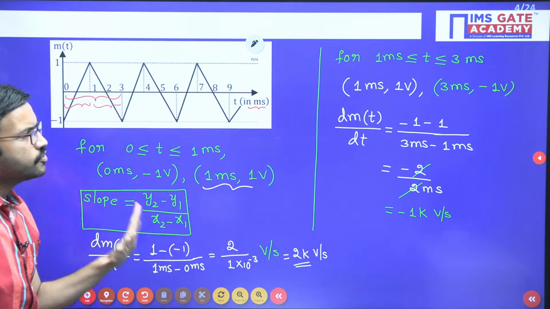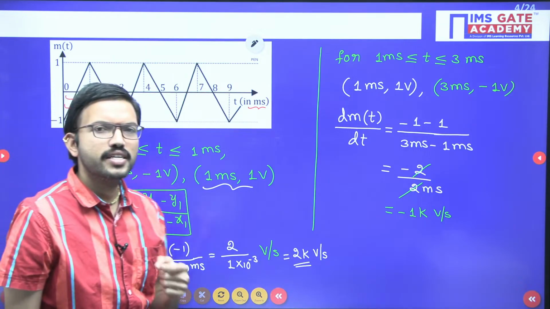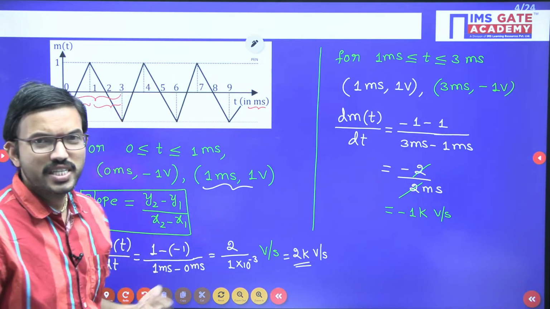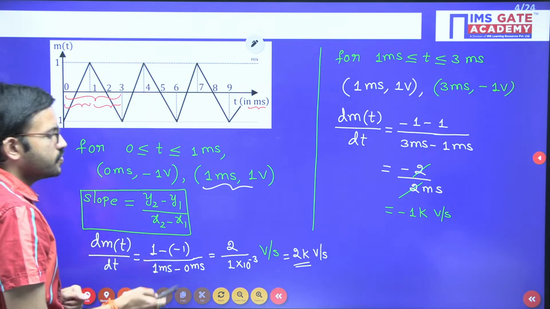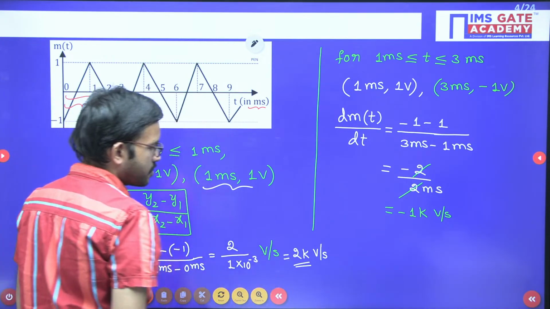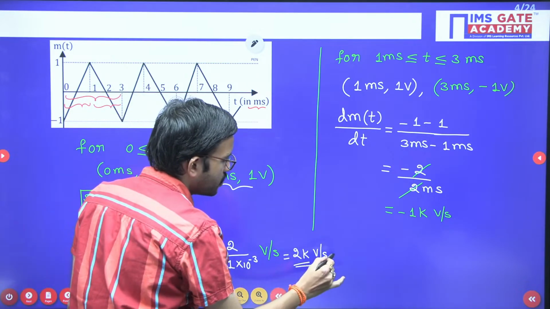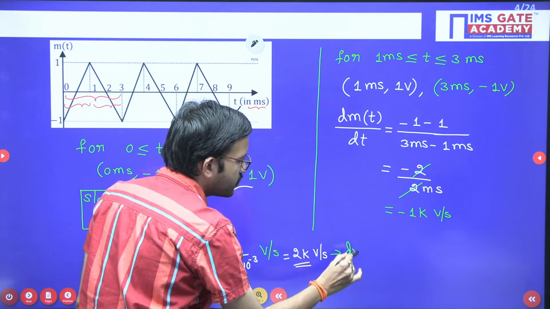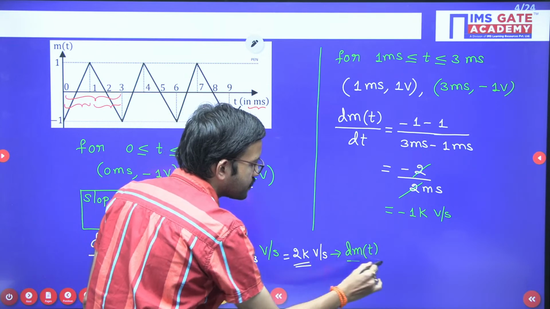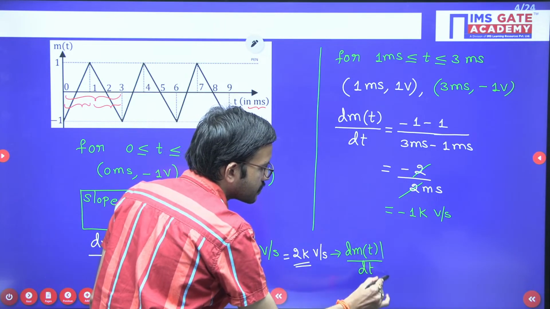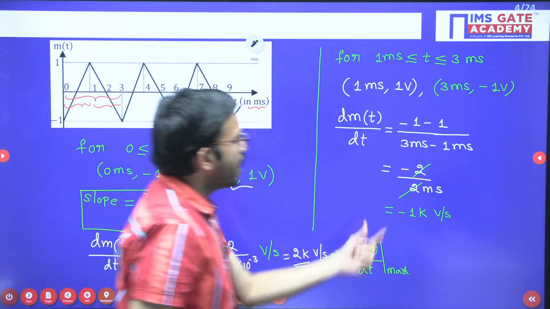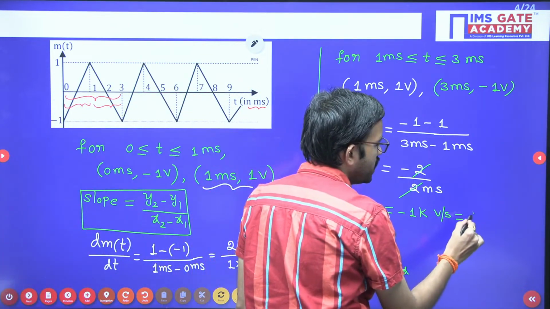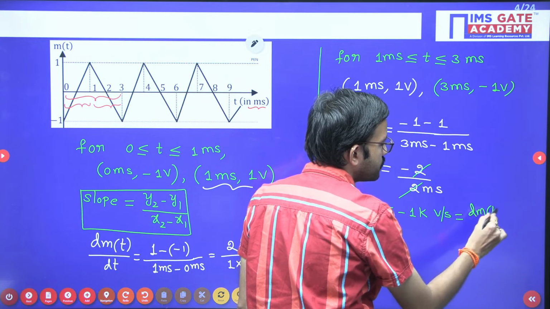So I hope all of you got clarity on how to calculate the slope, or how to find dm of t by dt for the given waveform. This one is your maximum, dm of t by dt max, whereas this value is your dm of t by dt minimum.